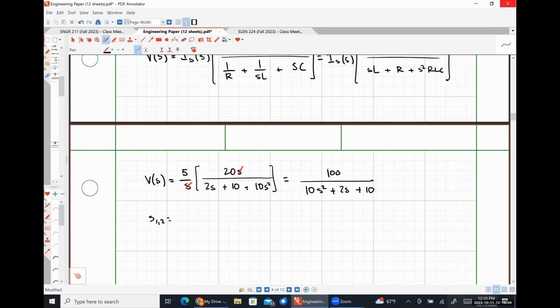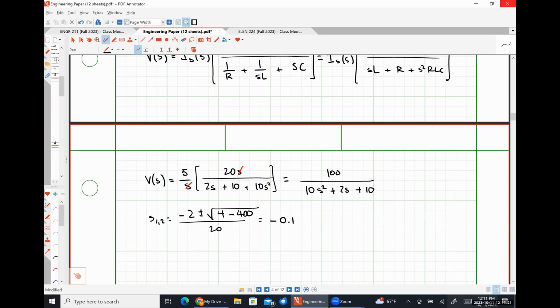So I'm going to have -2 plus or minus the square root of 4 minus 4 times A times C. So that looks like 400. So 4 times 10 times 10 is 400. Divided by 2A. So 2 times A is 20. So let's see, -2 over 20 is -0.1.